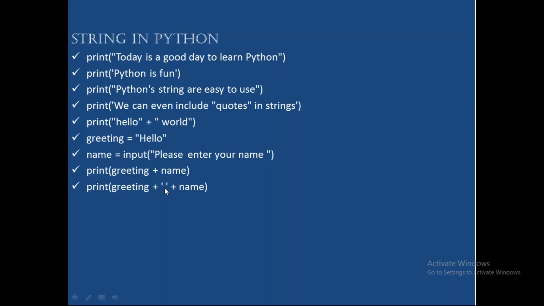Now can you tell me, if I say greeting plus name, with greeting and name kept in double quotes, and I combine them, what is the result I will get?